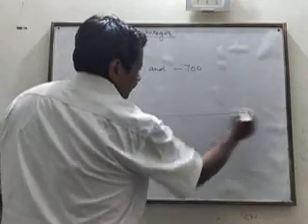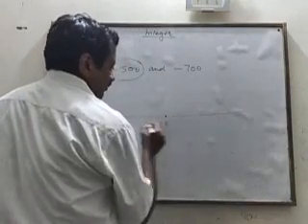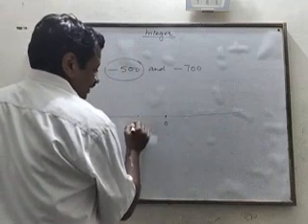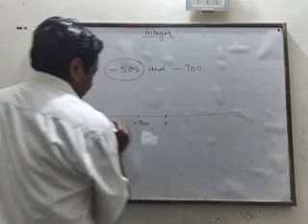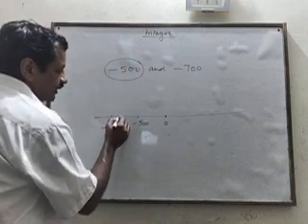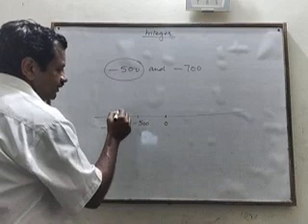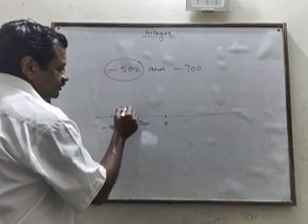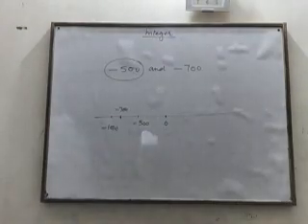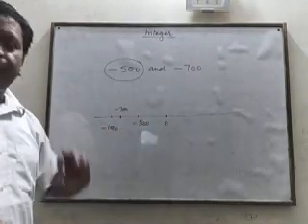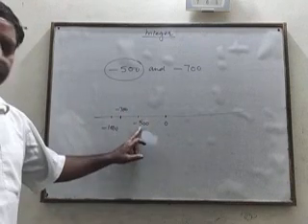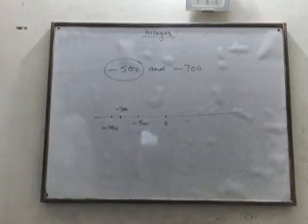Because when we make the number line, here it will be minus, here it will be 0, then -500, then -1000, and somewhere here will be -700. So -700 is farther than -500 from 0. So -700 is the smaller one, -500 is the greater one.